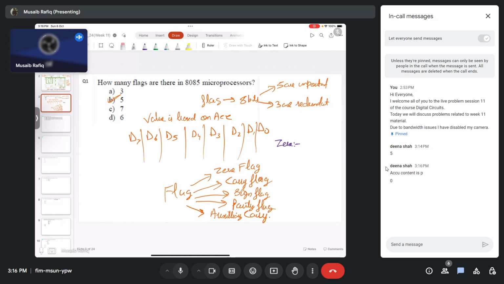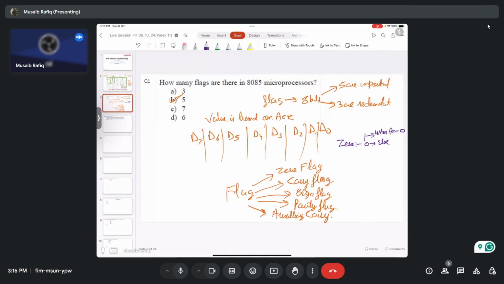Yes, when the accumulator content is 0. So it will be 1 when the accumulator is 0, and 0 else. I'll again repeat, the zero flag will be turned on when the contents of the accumulator is 0, and it will be 0 when the content is non-zero. Now this was the zero flag.